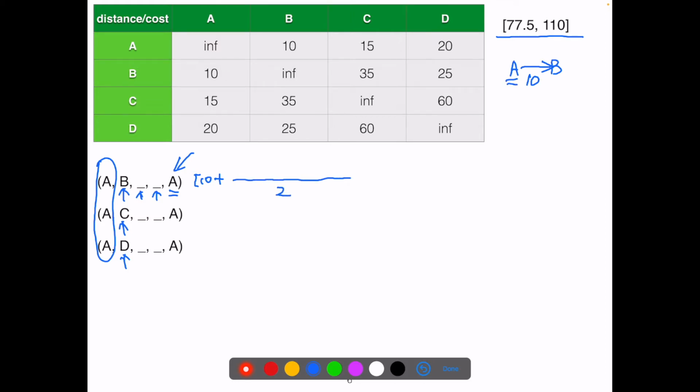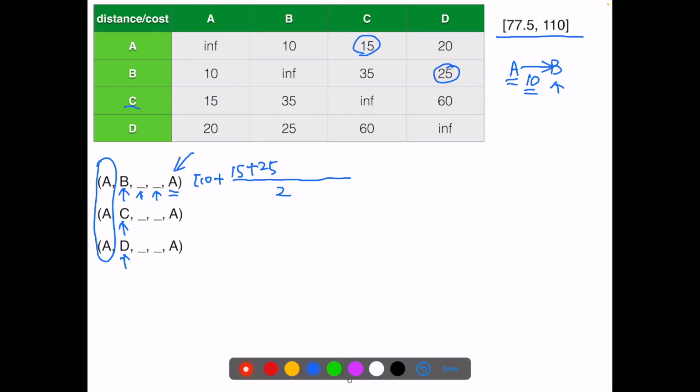For A, we have already picked one edge, that's 10. So we can only pick one minimum edge for A. So that'll be this one, 15. And for node B, we already have one edge decided for B. That's weight 10. So we need to pick the second minimum edge. That's 25.